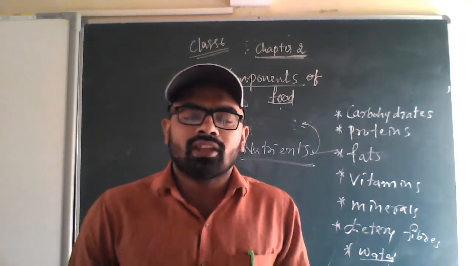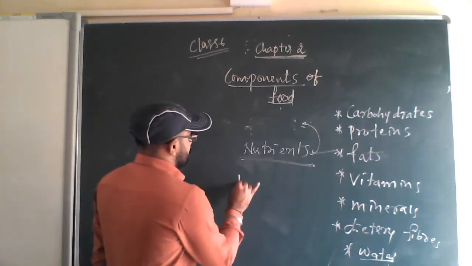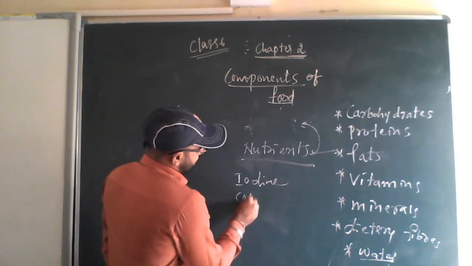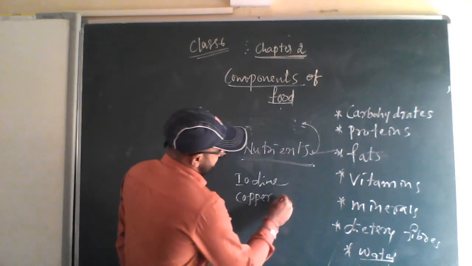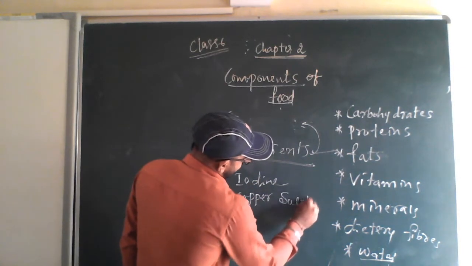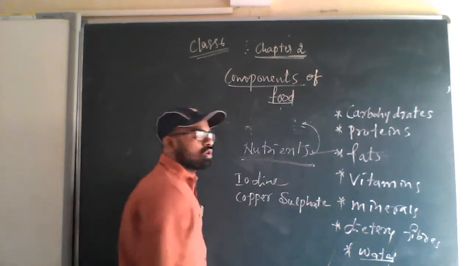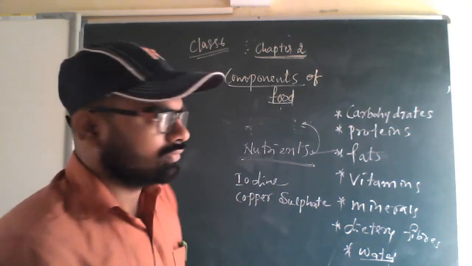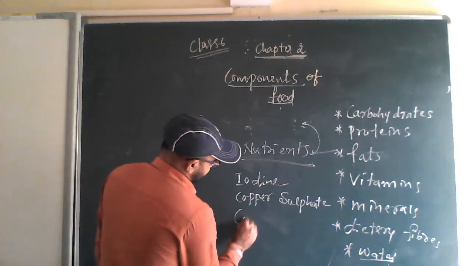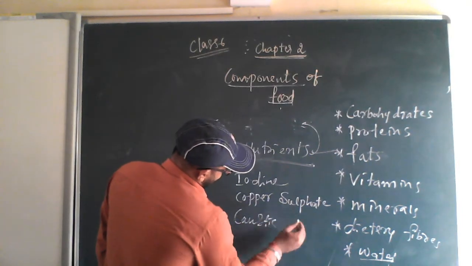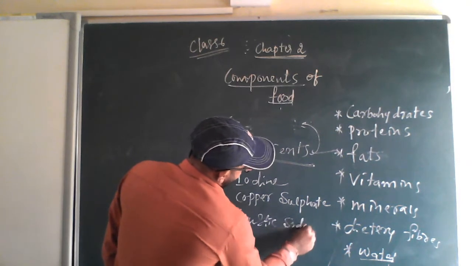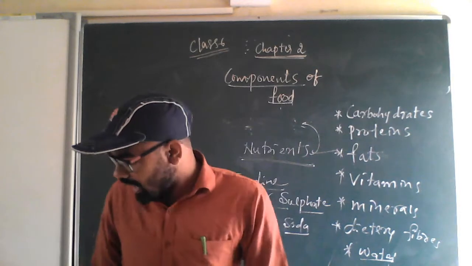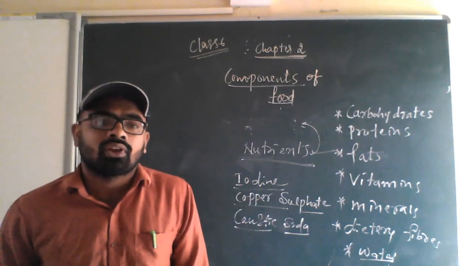What are the very important indicators? We can call them iodine, copper sulfate, and caustic soda.